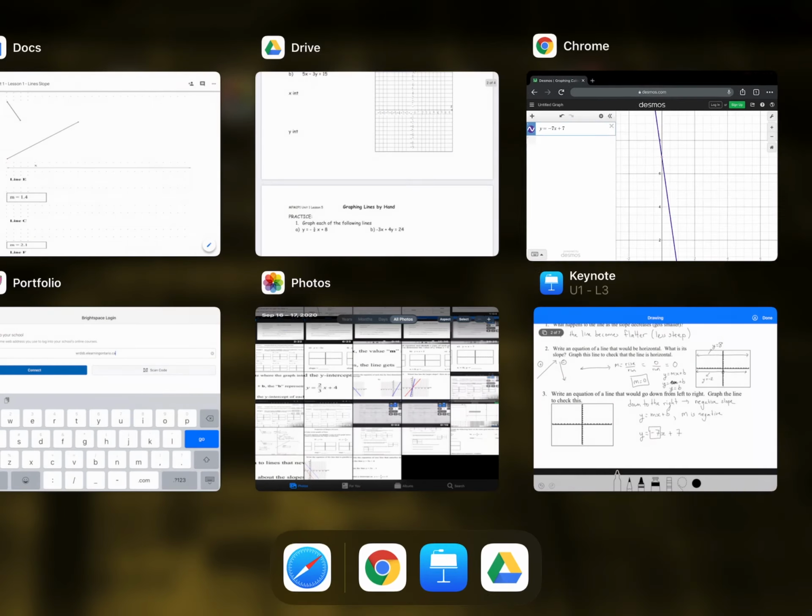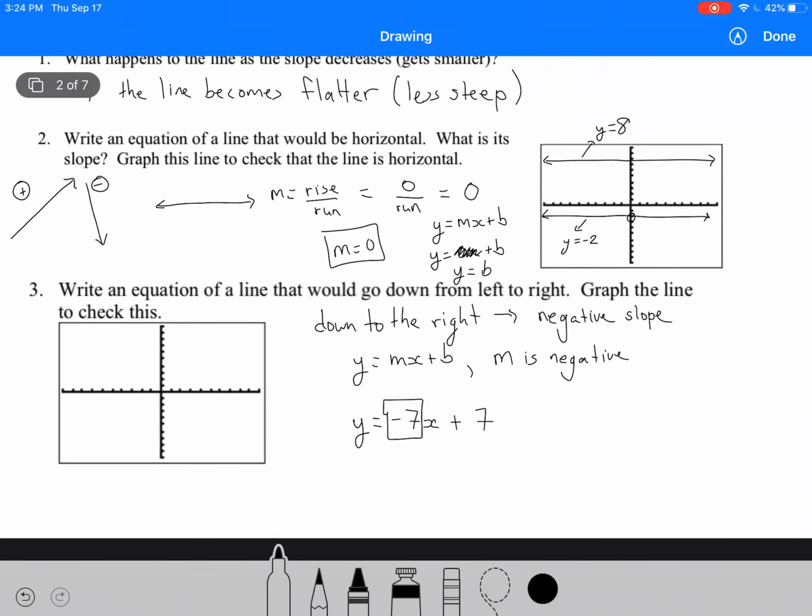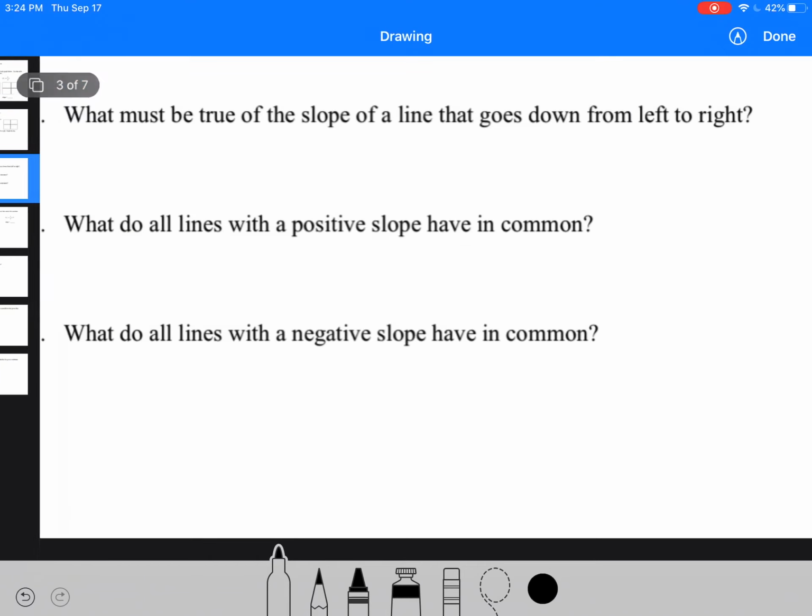All right, so we can sketch that here. 1, 2, 3, 4, 5, 6, 7. There's my 7th point, and it's very steep, so I'm just going to draw a graph that looks like that. And there we go. There's a quick sketch. Let's go to the next question.